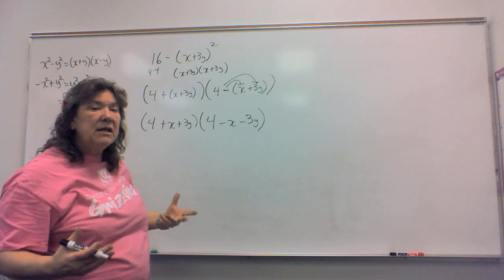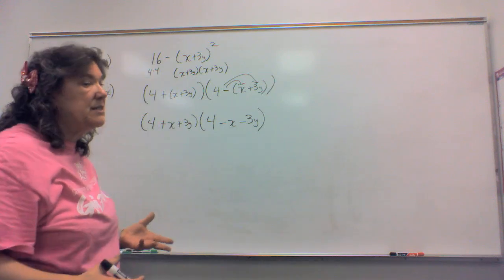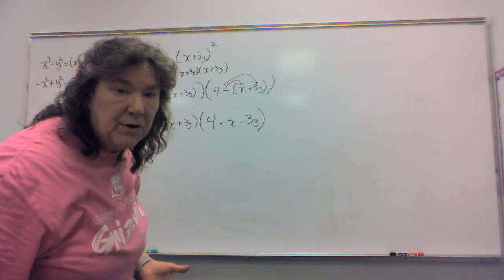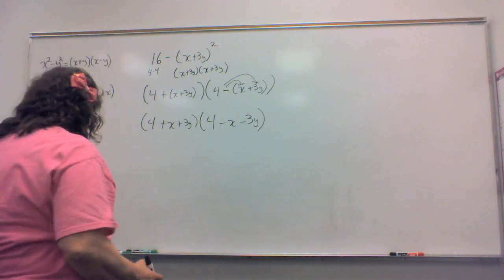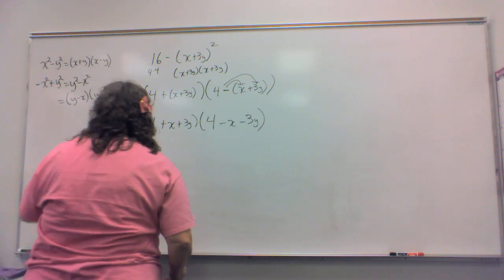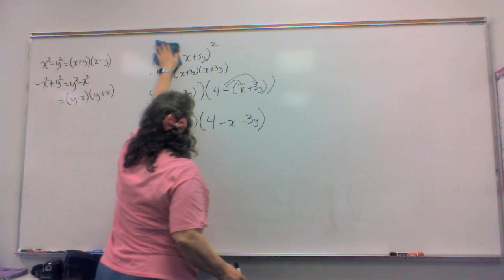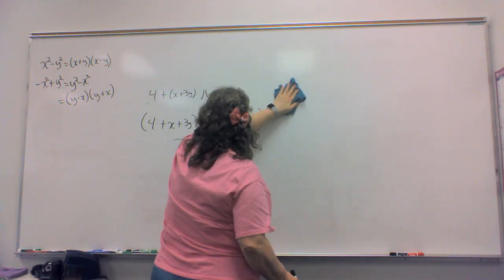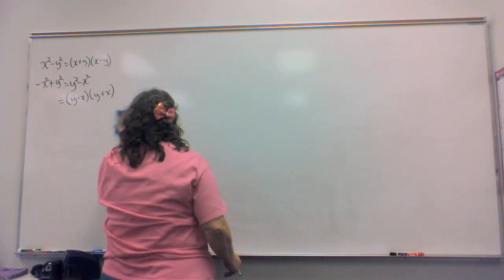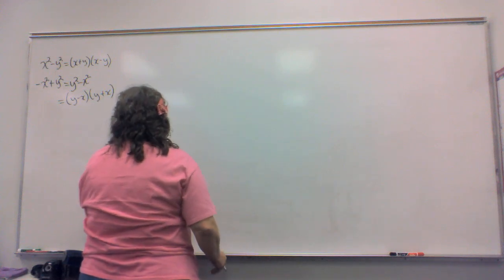So you can see we can get pretty complex with these difference of squares, but they're not impossible to work with. Okay, you might be wondering, well, what about a sum of squares? Well, we have something we say about the sum of squares.